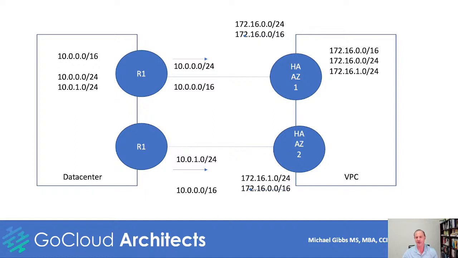If this link on the bottom goes away, gone, gone, gone. Now what exists in the top link? We have the specific route for the one that we wanted to take, and we now have network layer reachability through the summary route that says, hey, to get to 172.16 anything, take the top link.